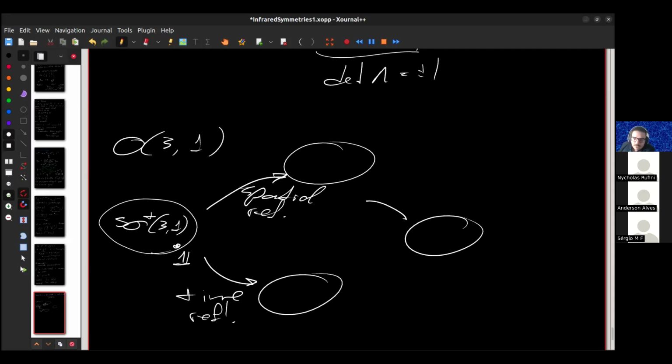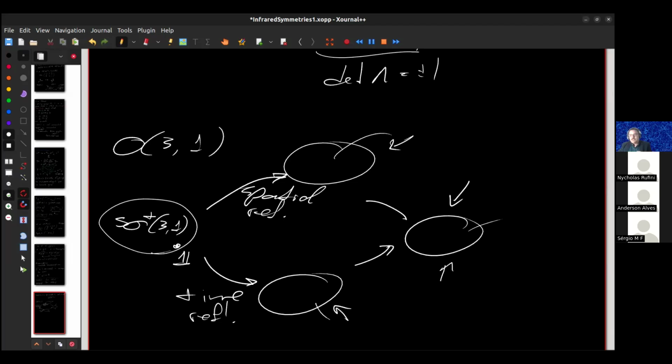And then I can compose both of them. So this here has spatial reflections, this here has time reflections, this here has both. In this guy, in this guy, time runs backwards. And in this guy, we're using a left-handed coordinate system rather than a right-handed one.